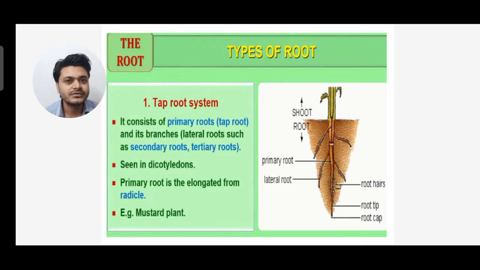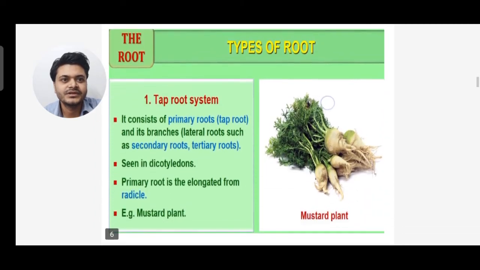The primary root is elongated from the radicle. An example we can see is the mustard plant. You can see on the right-hand side the figure is given. The primary root is given, the lateral roots are given.